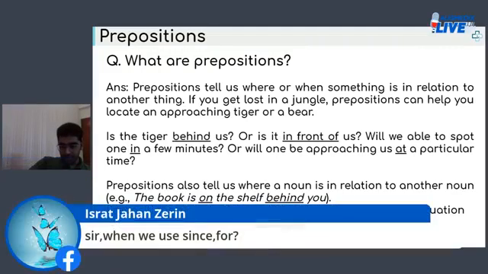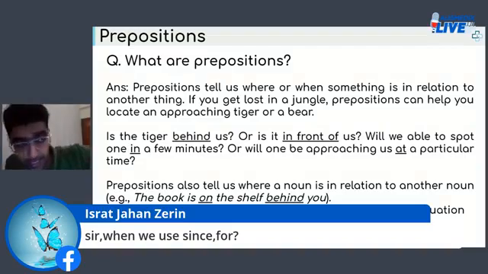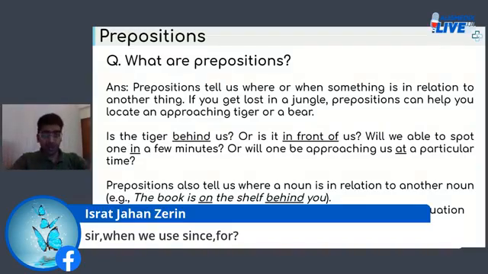We have a question from Ishrat Jahan Zarin asking, sir, when we use since and for. All right. So we use since, like I said, when you want to talk about the beginning of an action, the time since when you began something, but you haven't yet finished that work, right?